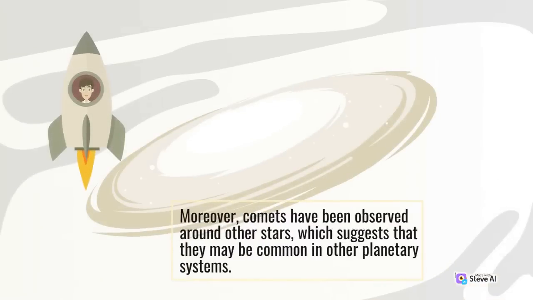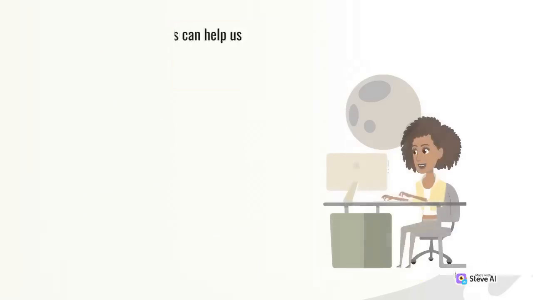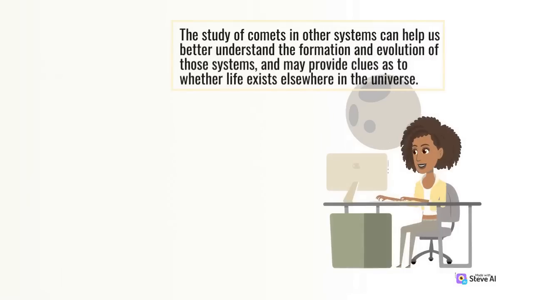Moreover, comets have been observed around other stars, which suggests that they may be common in other planetary systems. The study of comets in other systems can help us better understand the formation and evolution of those systems, and may provide clues as to whether life exists elsewhere in the universe.